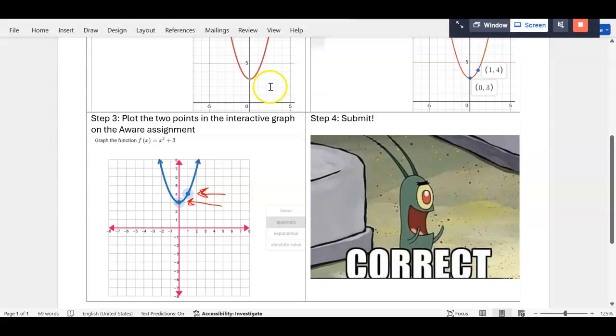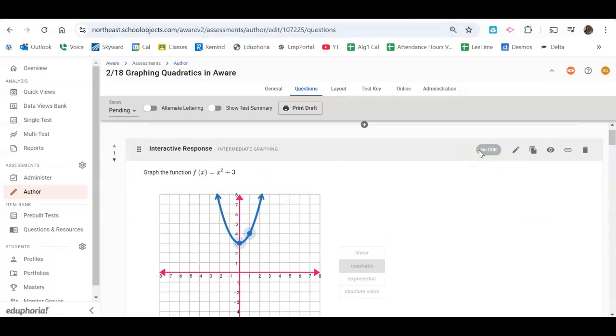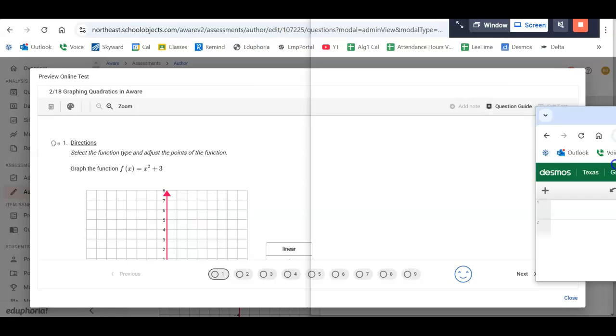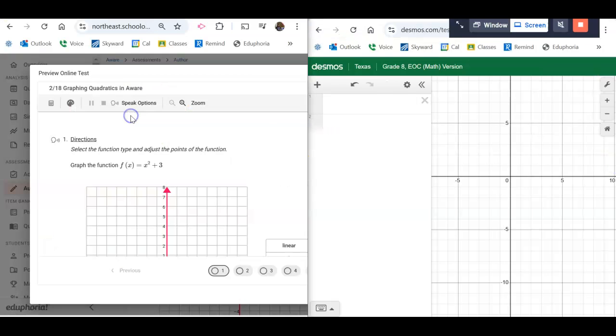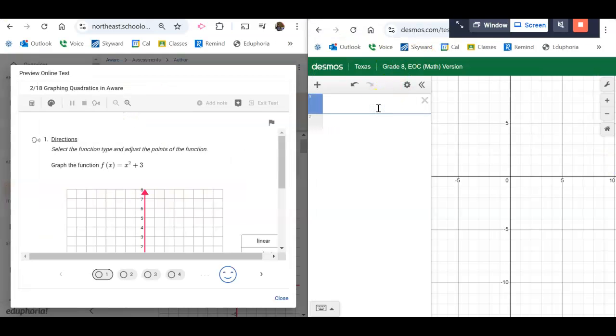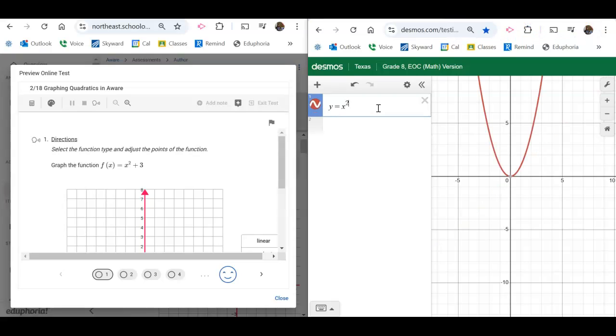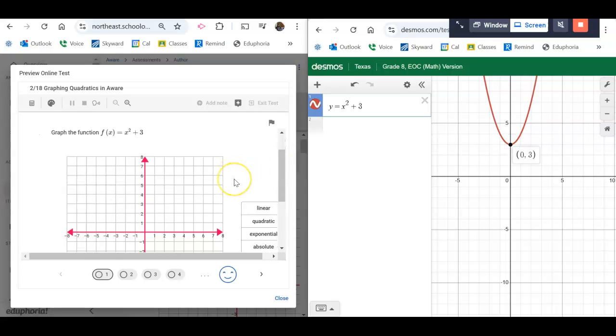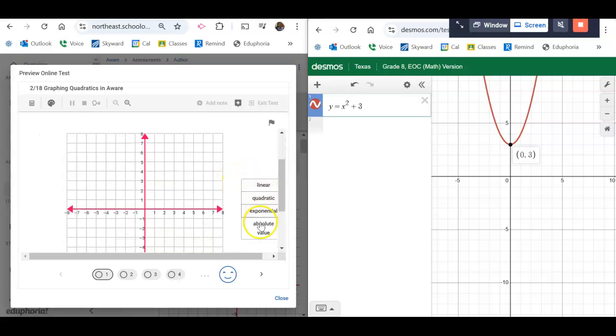So all I want to do is show you. One second. For example, this is what it would look like on your end. Right, so I'd say y equals x squared plus 3. I see a point at 0, 3. So over here, what am I going to select?